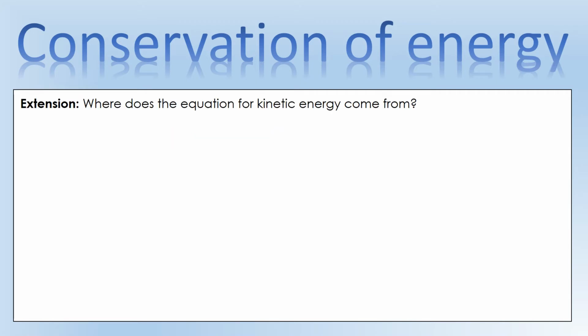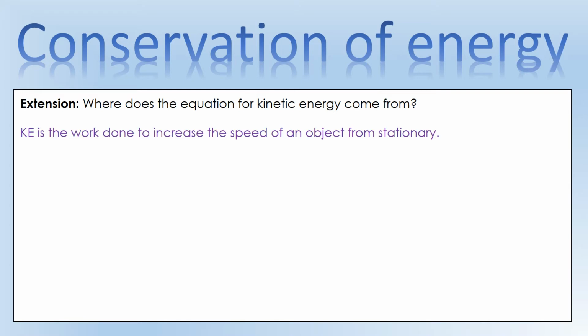Before we do that, there's one thing I'd like to address, which is where this kinetic energy equation comes from. I'll stress straight away, this is not part of the course, but it is interesting to see where your equations come from, so I'm going to show you anyway. Kinetic energy is defined as the work done to increase the speed of an object from stationary. We're going to be using our work done equation, because kinetic energy is work done.